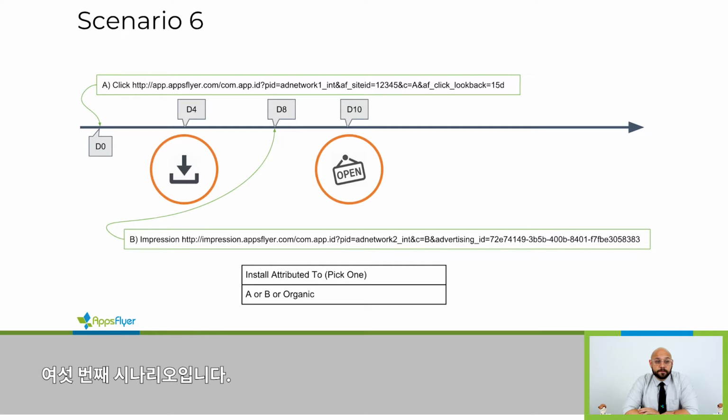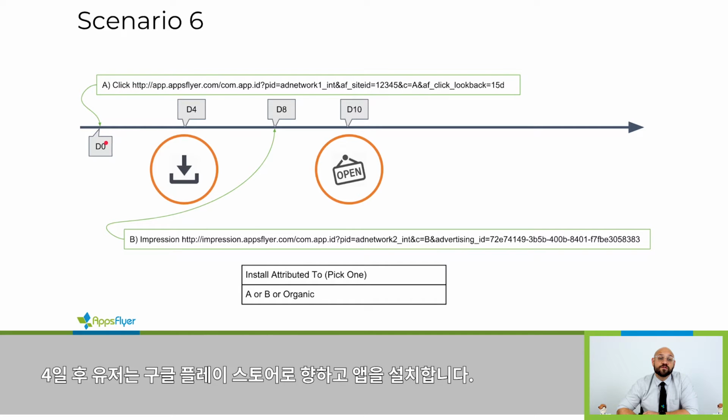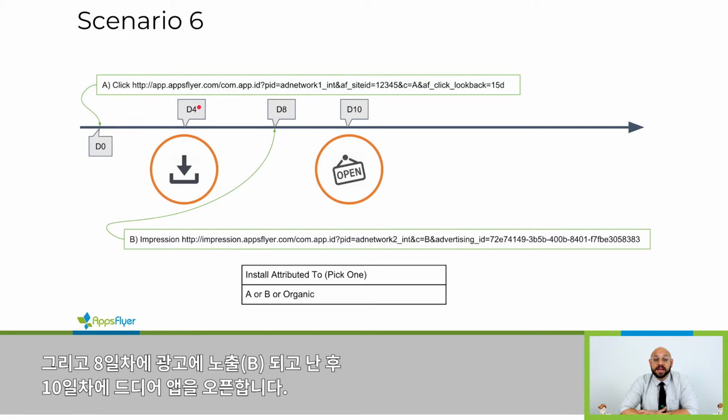Number 6. There's a click on day 0. 4 days later, the user goes to Google Play and downloads the app. Then on day 8, they're served an impression. And on day 10, they finally open the app.